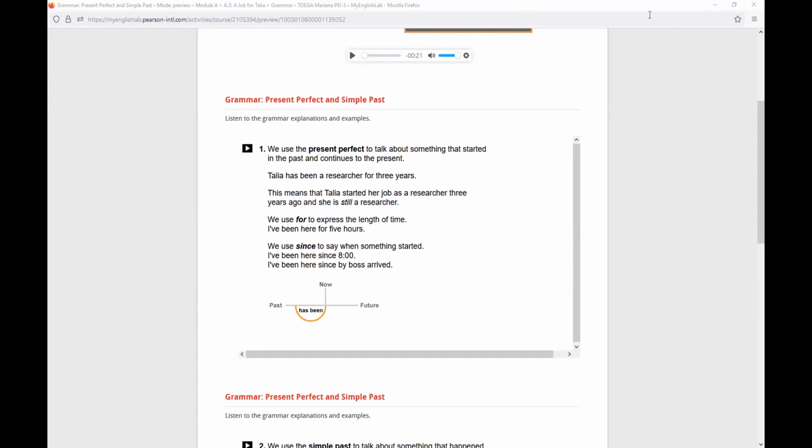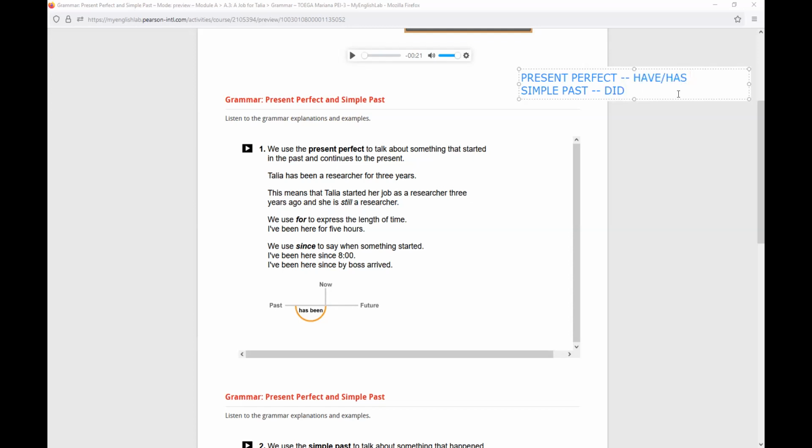Entonces nosotros lo utilizamos de esta manera. Present perfect. Auxiliares have and has. Simple past. Auxiliares did. Okay. Present perfect. Have and has. Simple past did.